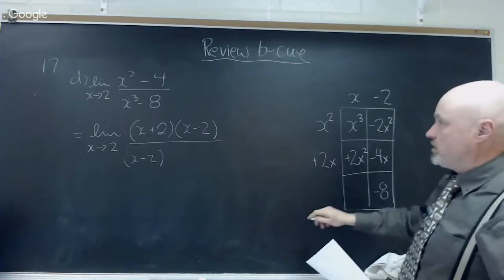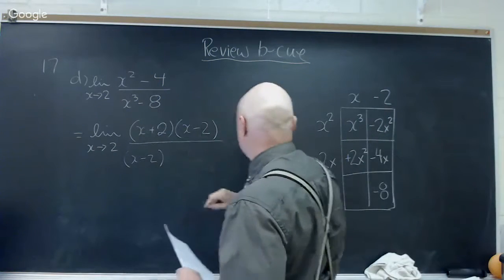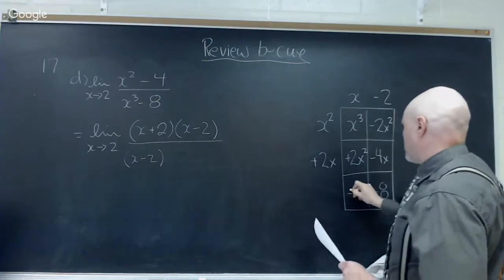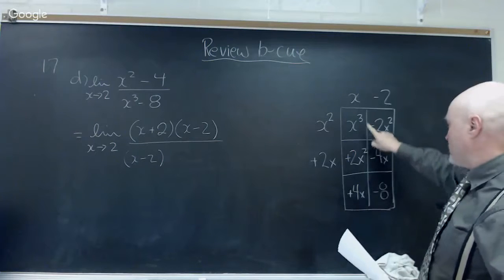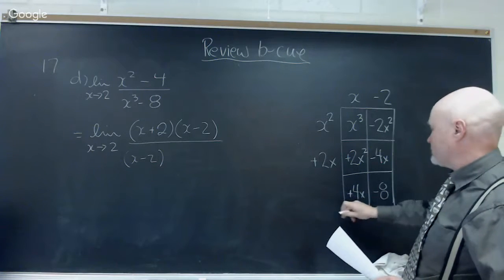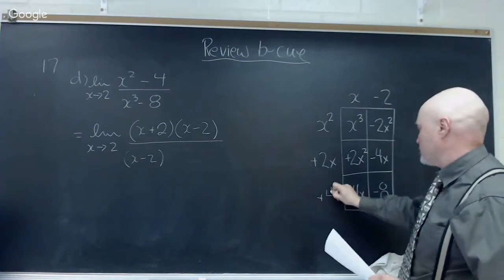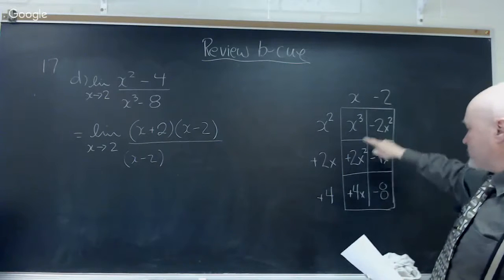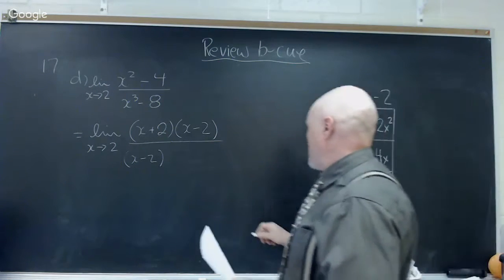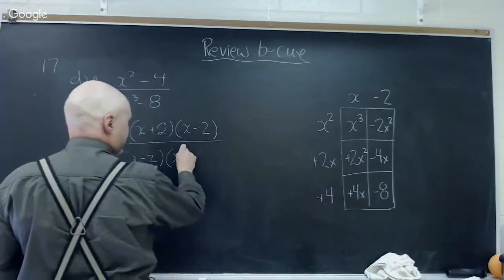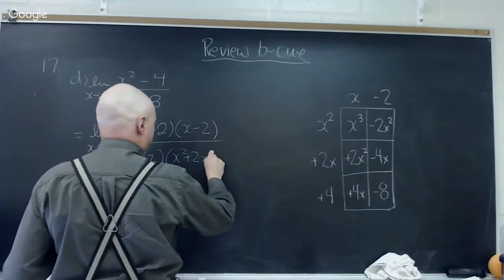And because there is no x term in this, this has to be a plus 4x. And that's going to work out something times x is plus 4x, and so this is a plus 4. And I see that that works out. 4 times negative 2 is negative 8. And so the second part of this is x squared plus 2x plus 4.